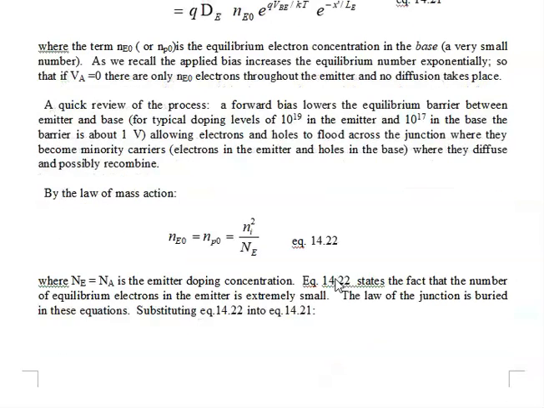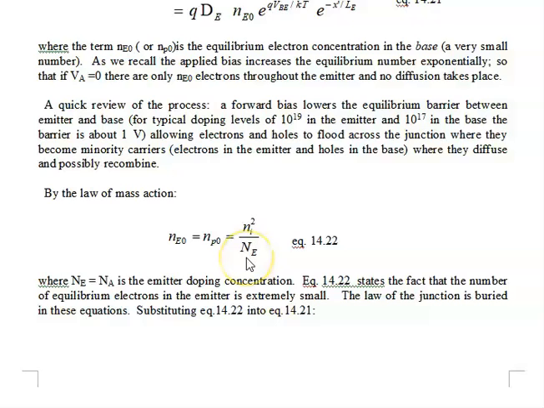Okay, now the law of mass action, this is for equilibrium. That's why we have the zeros here. We know that the number of equilibrium electrons multiplied by the number of equilibrium holes is equal to Ni squared, where Ni is the intrinsic concentration, 10 to the 10th. So this would be the number of equilibrium electrons.